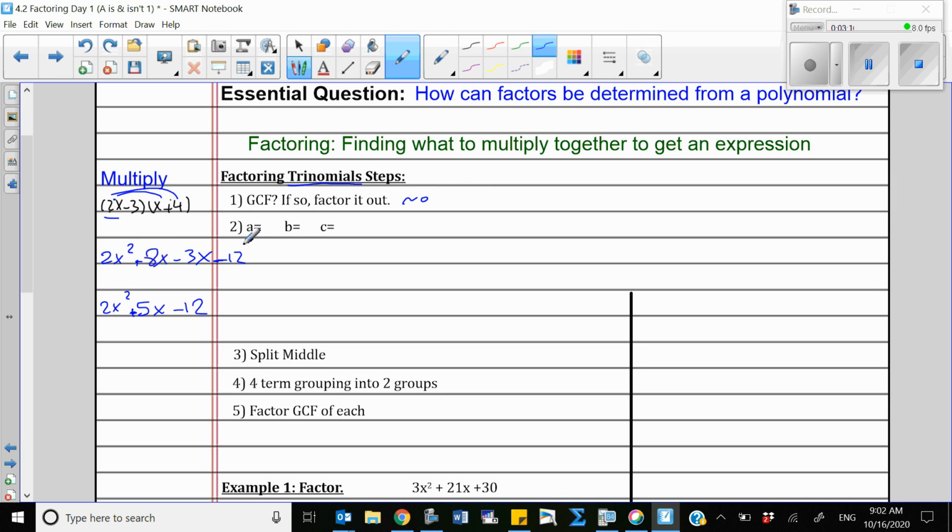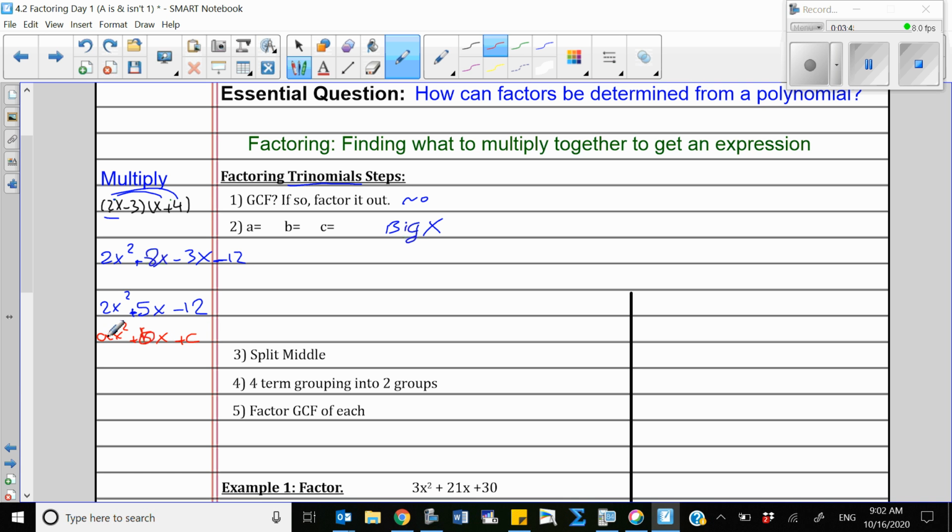After that, I need to find A, B, and C from this trinomial and then use the big X. Let's see what does that mean. Use the big X. What is A, B, and C? We're going to use the standard form of trinomial, which is ax squared plus bx plus c.